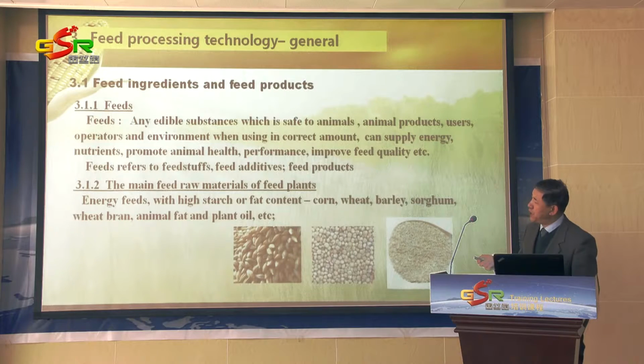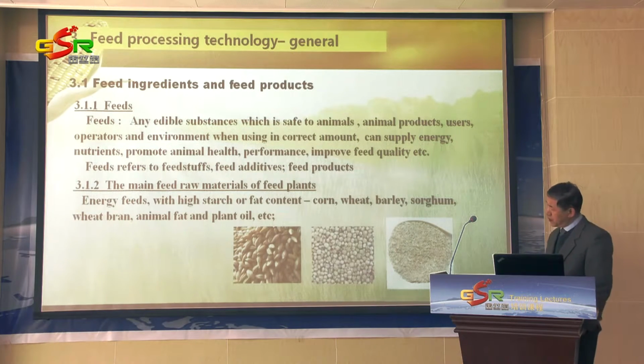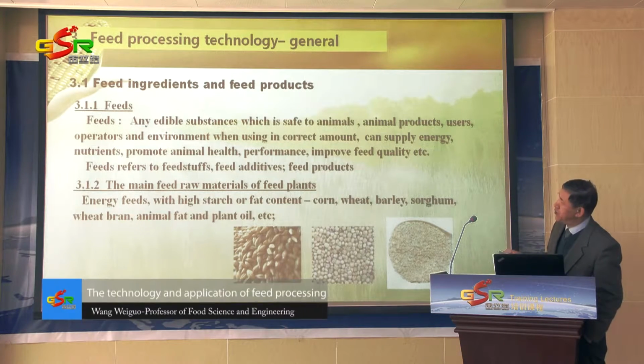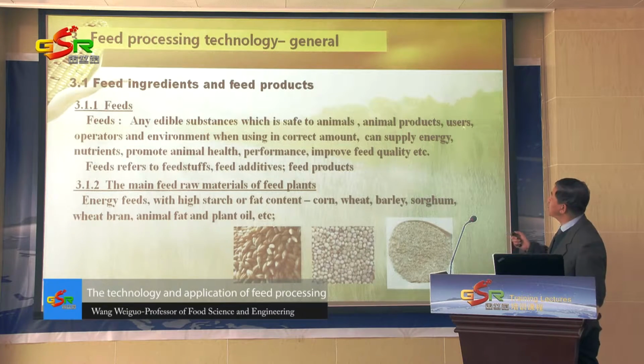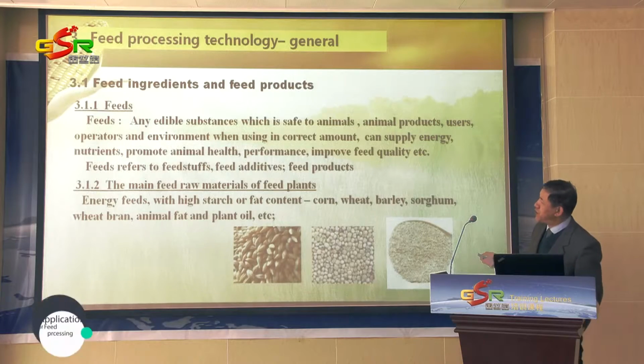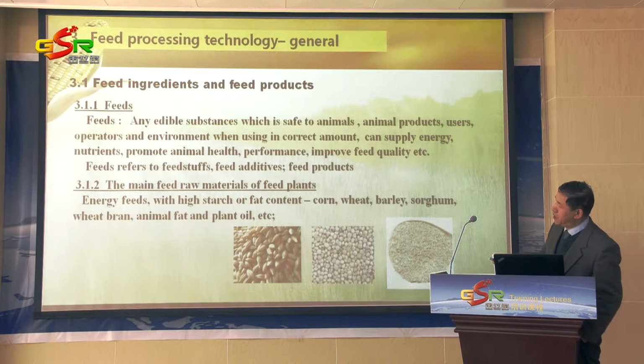understand the concept of feeds. What about the feed? Its definition is any edible substances which is safe to animal products, user, operator, and environment when using in correct amount, can supply energy, nutrients, promote animal health, performance, improve feed quality, etc. So this is a definition of feed.